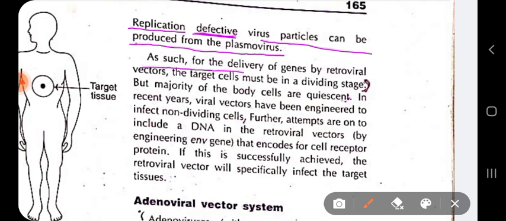As such, for delivery of genes by retroviral vectors, the target cells must be in dividing stage. It is saying that if we use retrovirus as a system for transferring our therapeutic gene through in vivo gene therapy, then the target cells must be at their dividing stage.